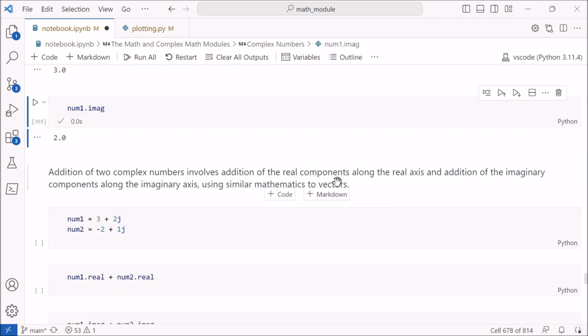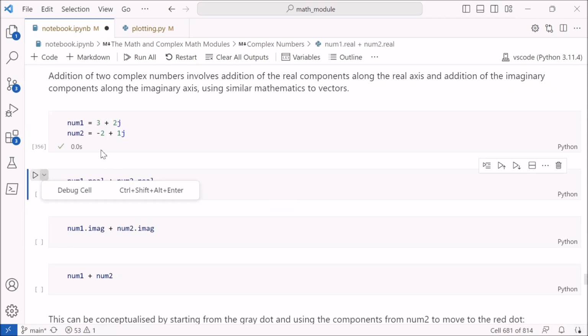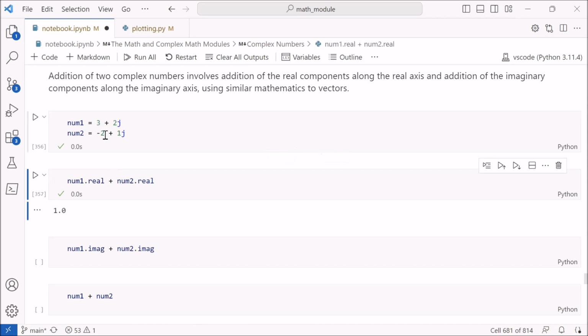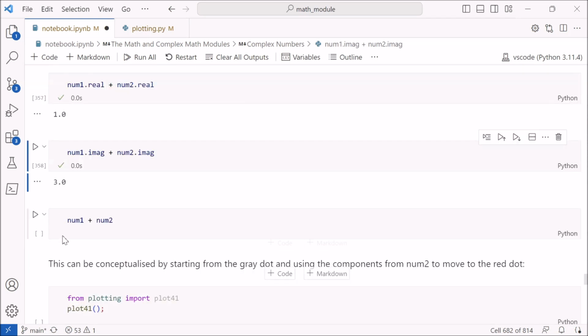So addition of two complex numbers involves addition of the real components along the real axis and addition of the imaginary components along the imaginary axis, using similar mathematics to vectors. So what we have is 3 minus 2, which is 1, and we have 2 plus 1 is 3.